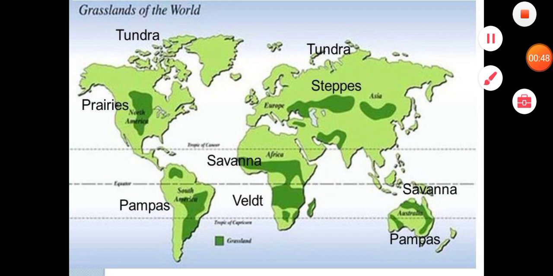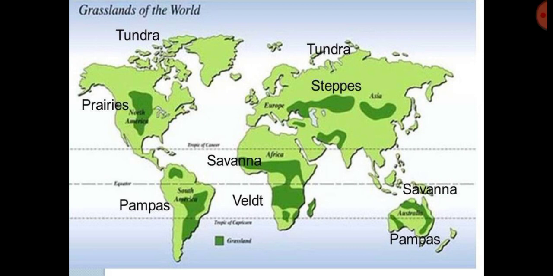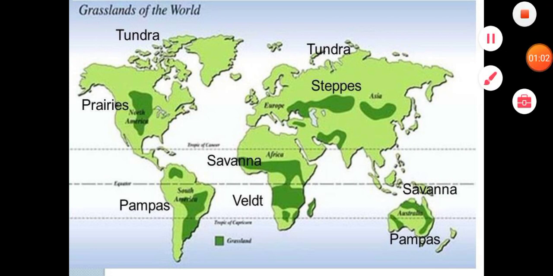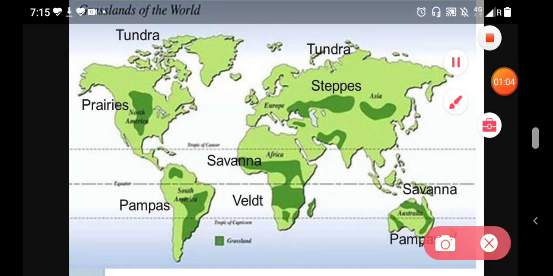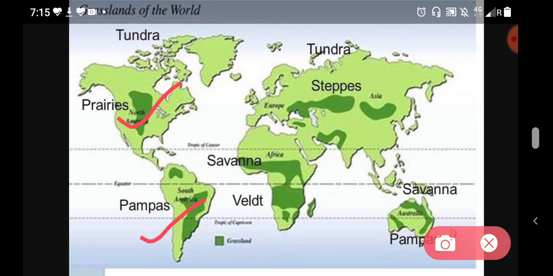Students, there are lots of grasslands in the world. In different countries they have different names. Like in North America, the grasslands are known as the prairies, and in South America, they are known as the pampas.